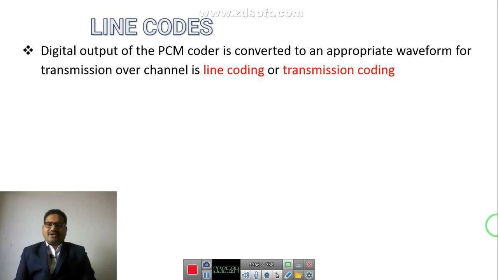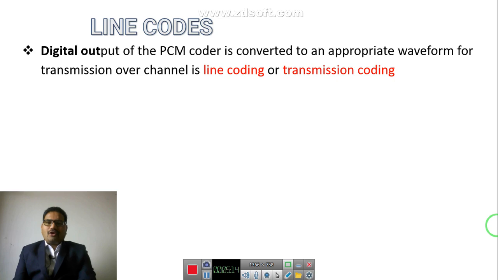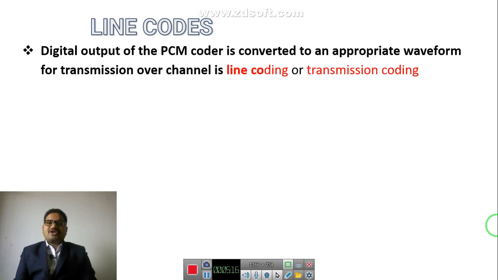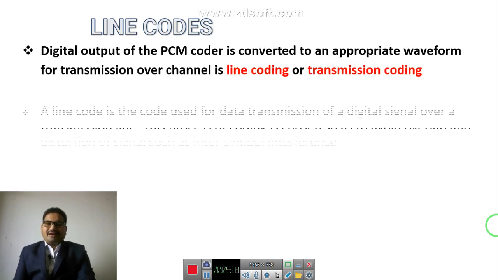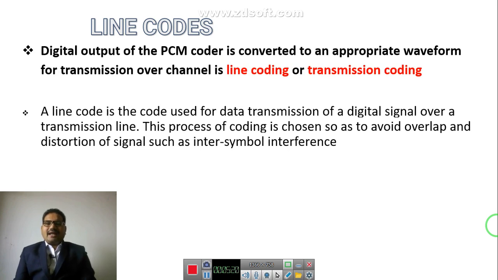The first one: the digital output of the PCM coder is converted to an appropriate waveform for transmission over the channel, and this is called line coding, or transmission coding. In another way, a line code is the code that is used for data transmission of a digital signal over a transmission line.